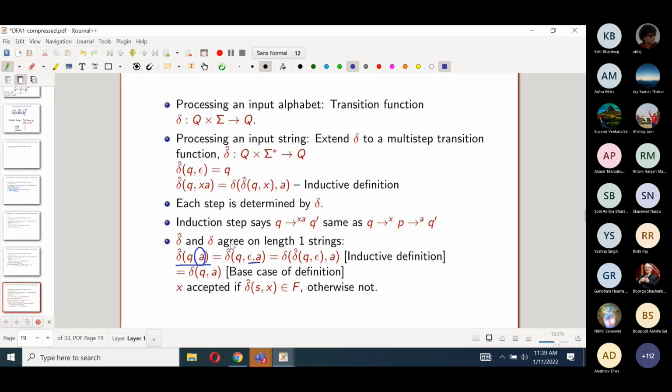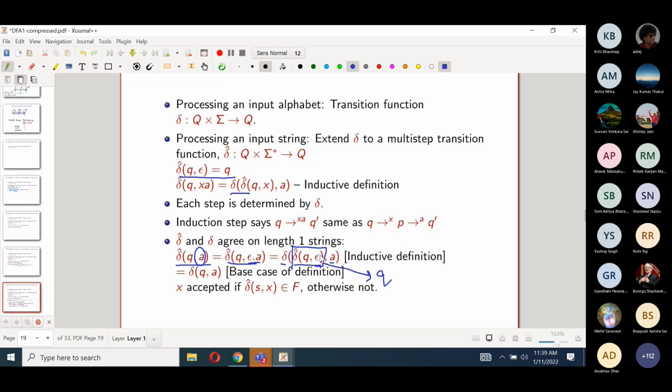Now if I look at the inductive definition step, this can be rewritten as delta of delta hat Q epsilon, which is then reading A, the single symbol A. But if you consider delta hat Q epsilon and the base case definition of delta hat, this is just going to be Q itself, right?